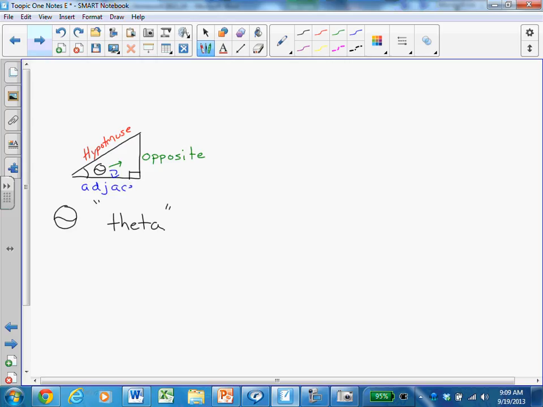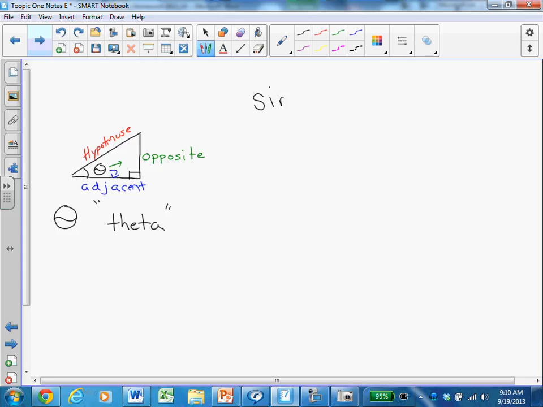Then we have some relationships. These relationships are also stored in your calculator, right? So what we could say is that for any specific angle, we would know the ratios of the sides because we know it's a right triangle. So the relationship is this.